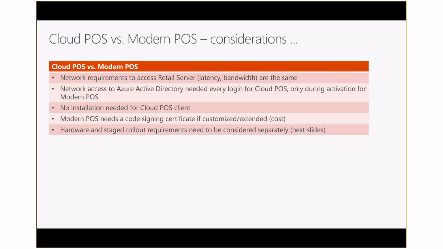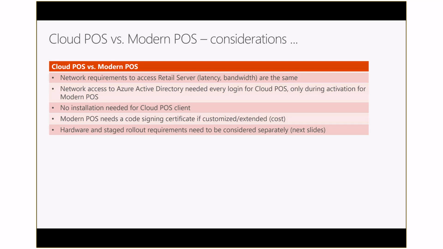What's different is that with Cloud POS, every time a new window is started, and after a certain amount of time, the authentication token needs to be refreshed. Therefore, access to Azure Active Directory is required to run Cloud POS successfully.